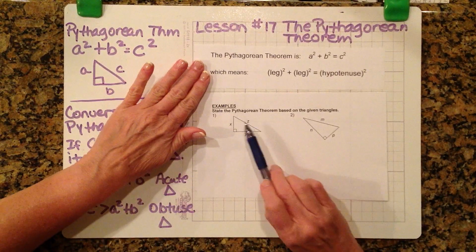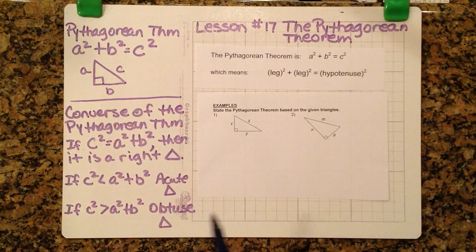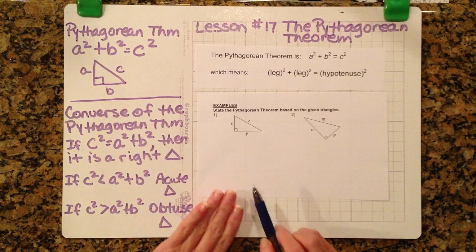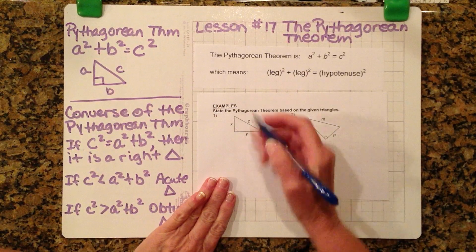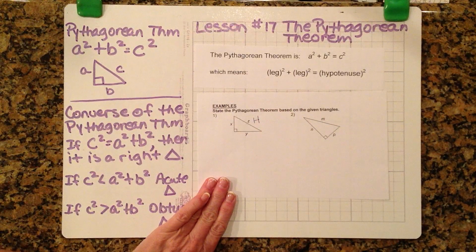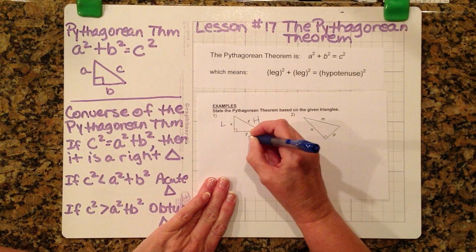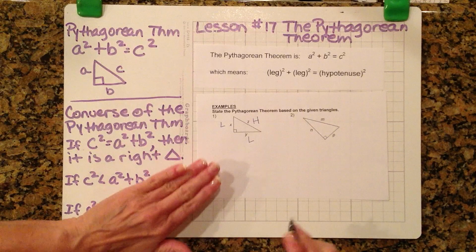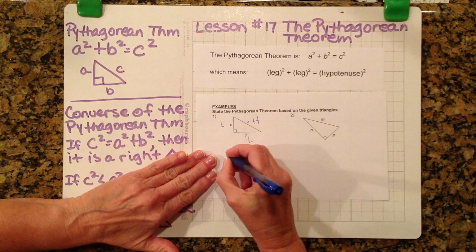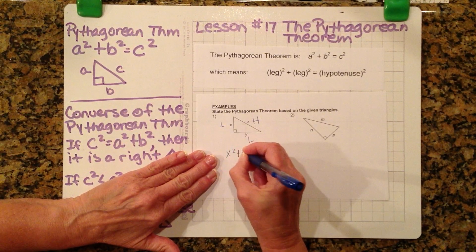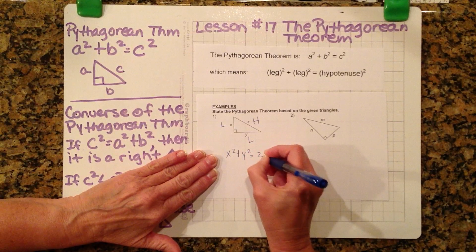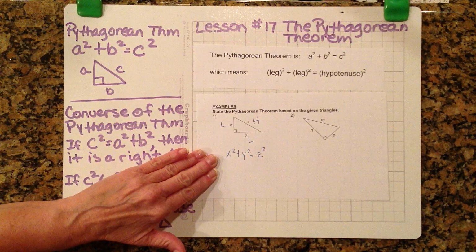Okay, we want to state the Pythagorean Theorem based on the given triangles. So locate your hypotenuse. In this case, it's z right here. And this is a leg, and that's a leg. So I'm going to use my Pythagorean Theorem, and I'm going to say x squared plus y squared equals z squared. And that's all we're doing on that example.